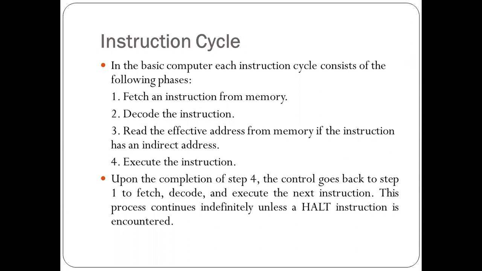Whether those 12 bits are a direct address or an indirect address, the most significant bit will specify. If it is not the direct address, then I have to calculate the actual address, which we call the effective address. Then you need to read the memory for your operand. After that, by using the ALU, we will execute the instruction.